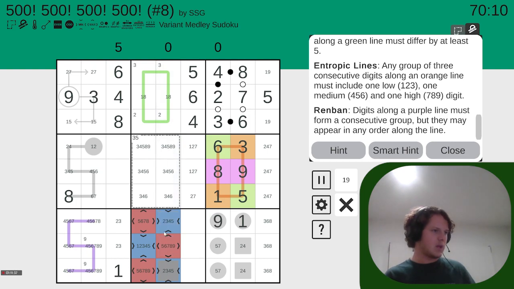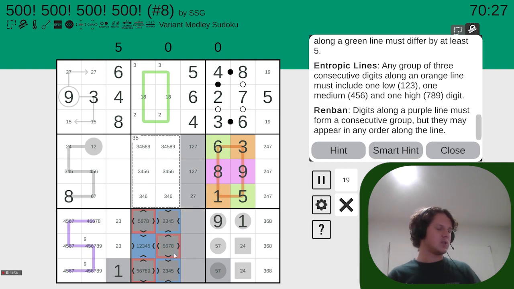So if the 1 can't be there, and the 1 can't be there, that means this can't be a 9. We can also place the 1 down here, given that the 1 can't go in any of those. We know there's a 1 guaranteed in here, and that can't be a 1, because it has to be bigger than digits. So that's our 1 down here.